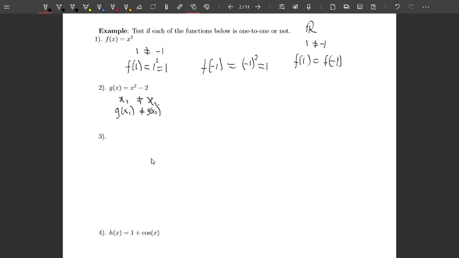In this case, if we still pick 1 and -1, we'll say that g of 1, which is going to be -1, is still equal to g of -1.